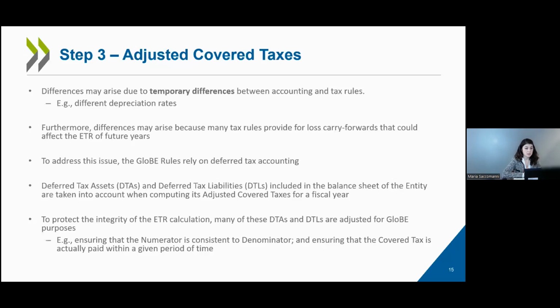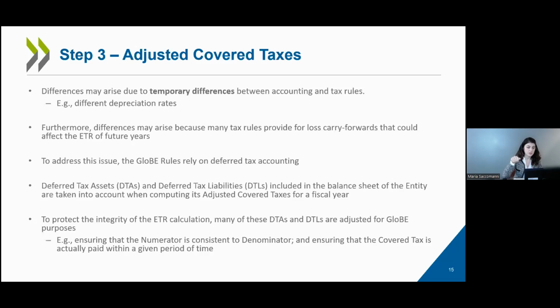Another adjustment is referred to the need of granting that deferred tax liability actually reverse within a maximum period of 5 years. So deferred tax liability are a tax expense, a deferred tax expense that increases, of course, the numerator, so increases the effective tax rate.